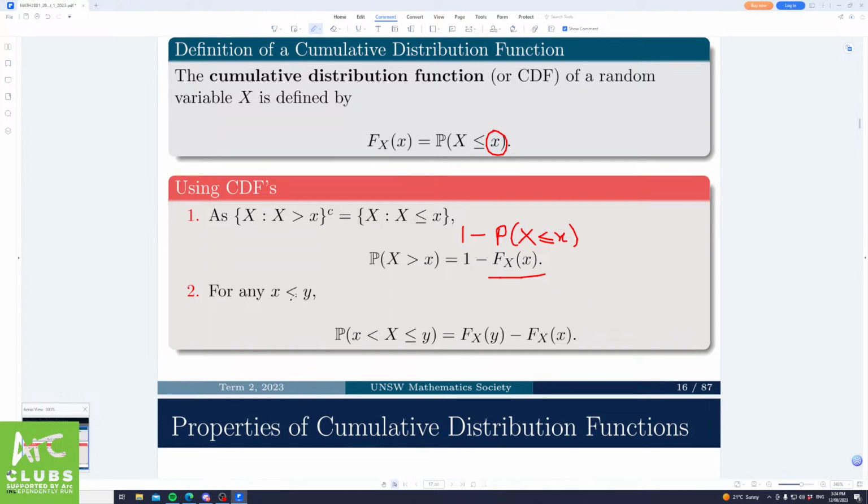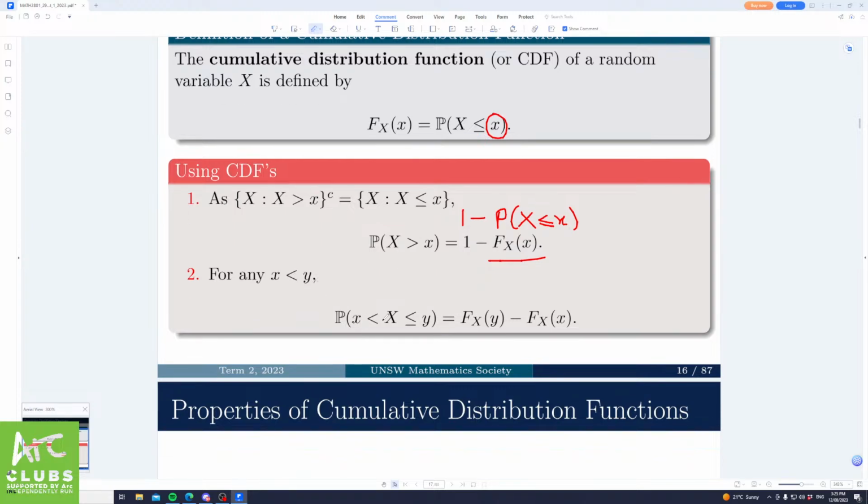And the other property: for any x less than y, the probability that your random variable is sandwiched between x and y is going to be the CDF evaluated at y minus the CDF evaluated at x. And this is something that's really clear when you draw out a number line. So say this was our x and this was our y.